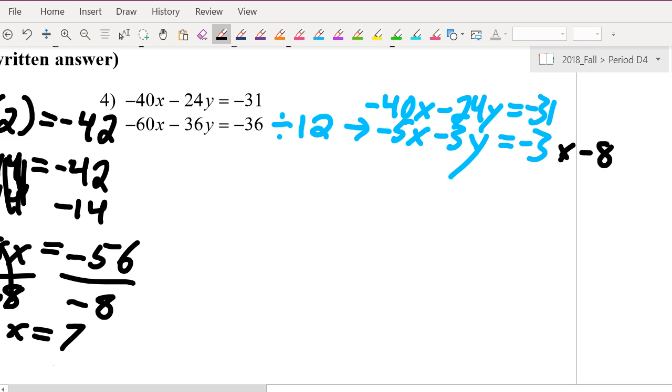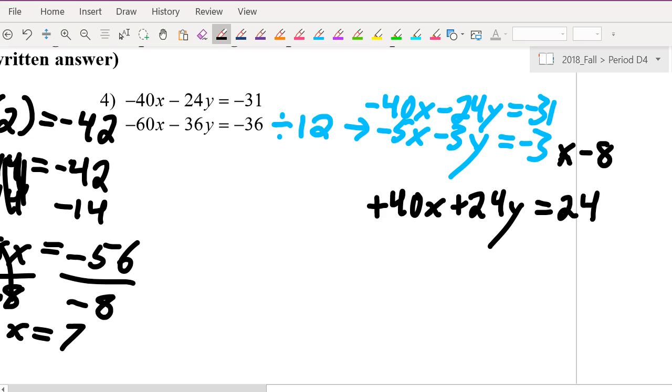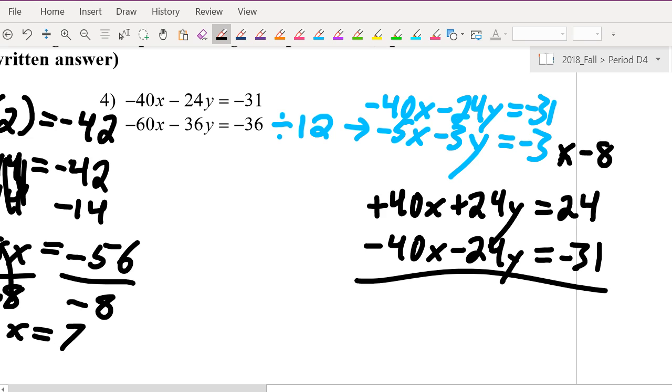That'll give us positive 40x and positive 24y equals positive 24. Good. Then we just copy the one we already had, minus 24y. So everything cancels out. Both variables, x and y, eliminate. So it would be 0.